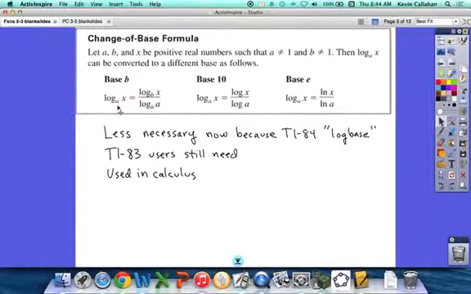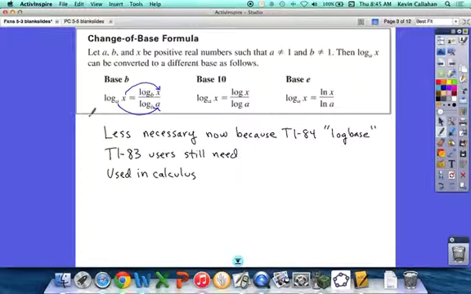So the x goes in the top, the a goes in the bottom, new base. And because we're using a and b, this could be any bases at all. It doesn't have to be any particular base. You can convert. So this x is the one that goes on top, and the a is the one that goes on the bottom.